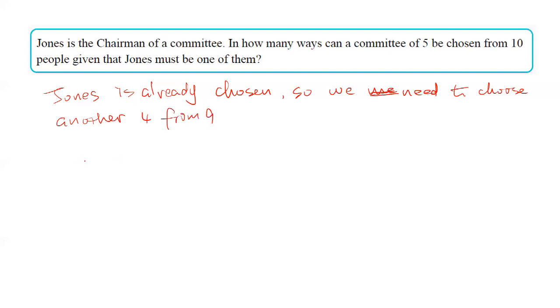That means the question is converted to choosing 4 elements from a jar of 9 different elements, right?